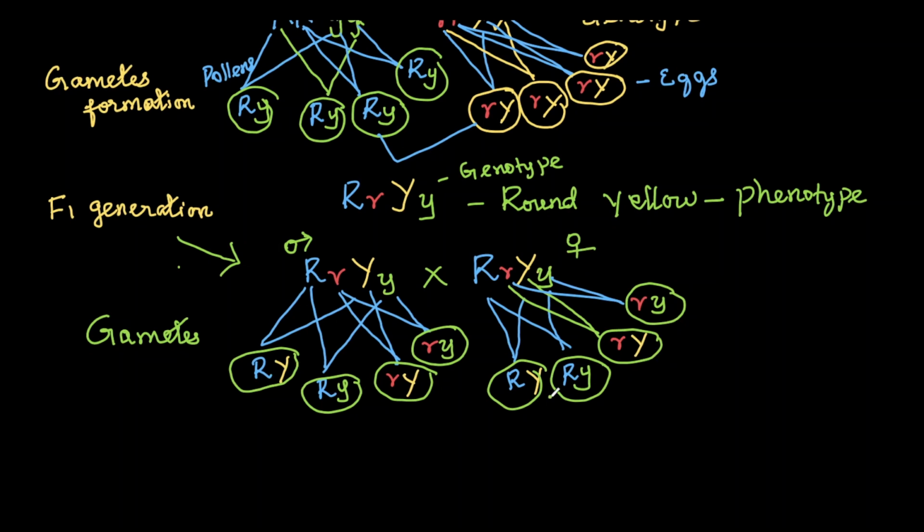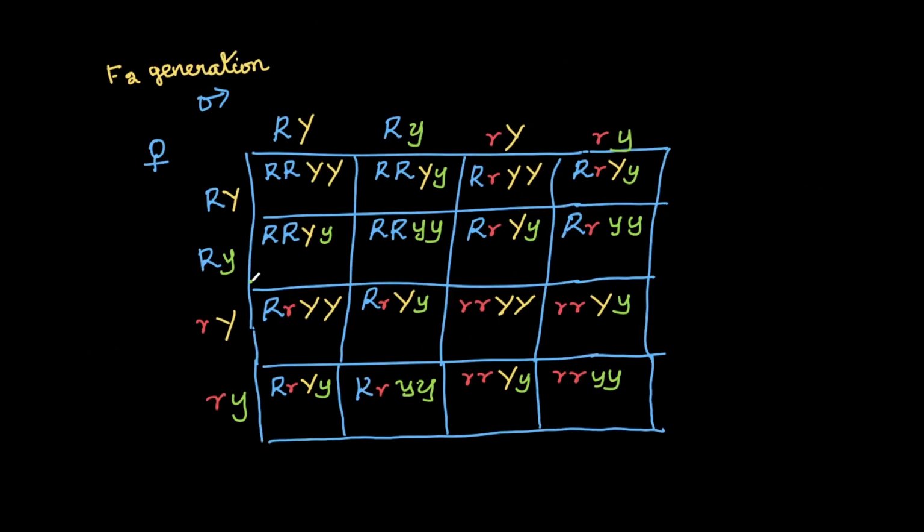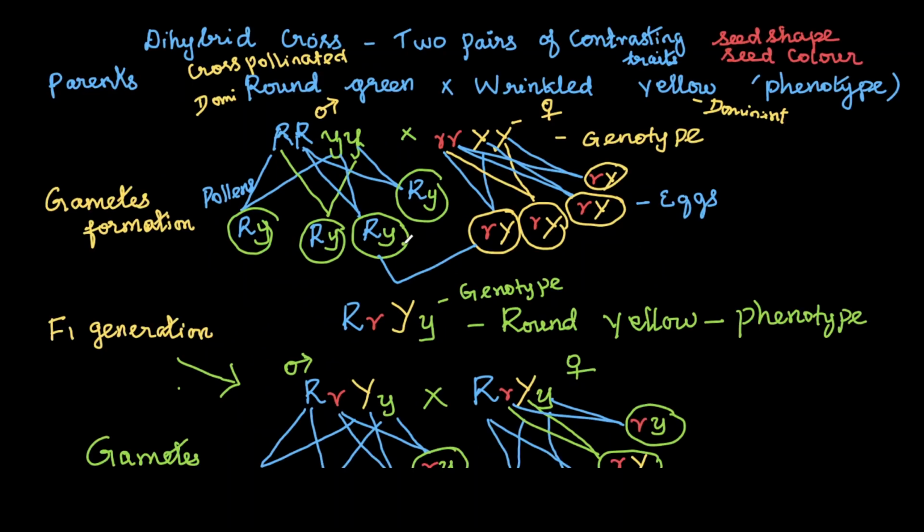So now all the gametes you have written. It is easy to write the individuals by drawing a Punnett square. For the F1 generation, what gene combinations will be produced in the plants? You can draw a Punnett square and write all the male gametes.